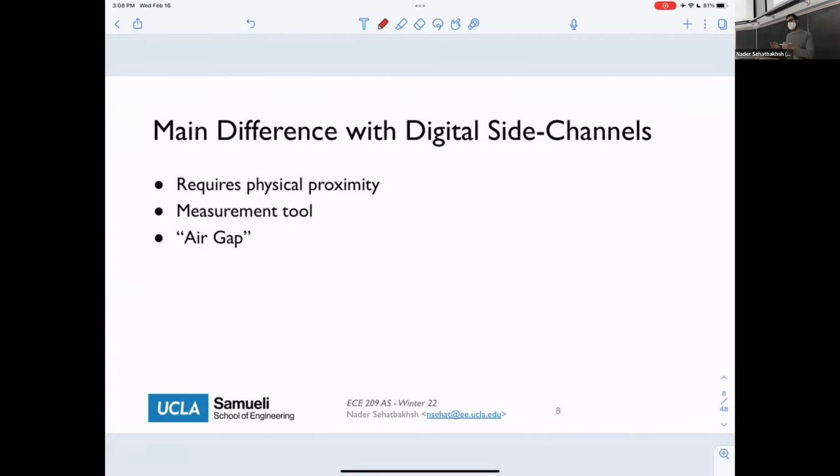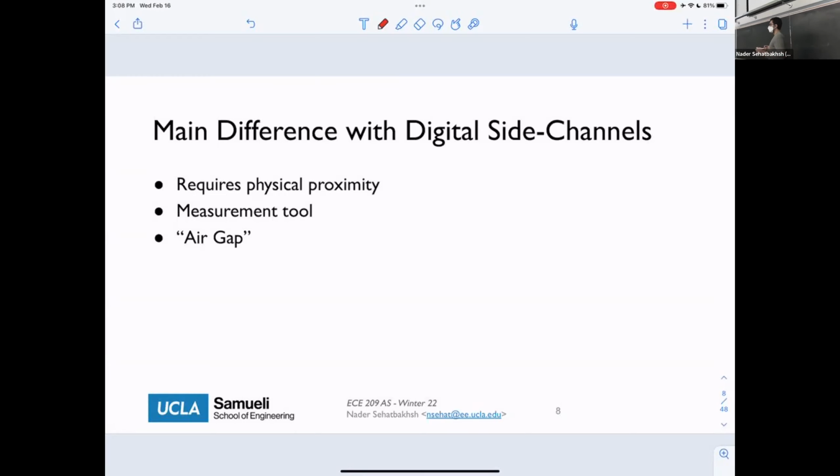Of course, for the attacker in the digital side channel domain, the requirement is that the victim process and the attacker process have to be co-located on the same physical processor. Here, the attacker does not need a physical processor, but he or she has to be present in the location where the device exists.